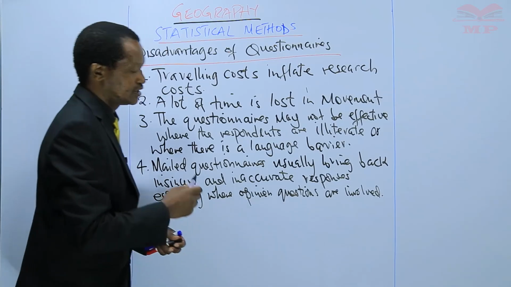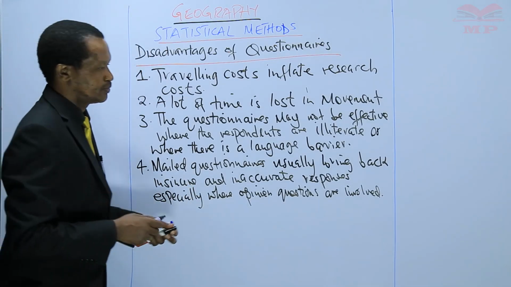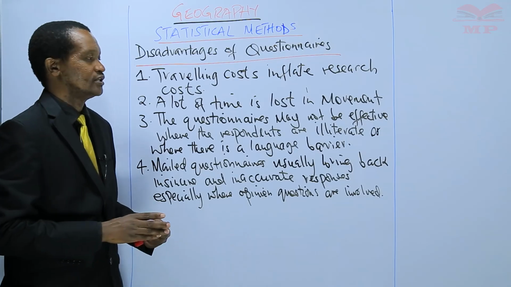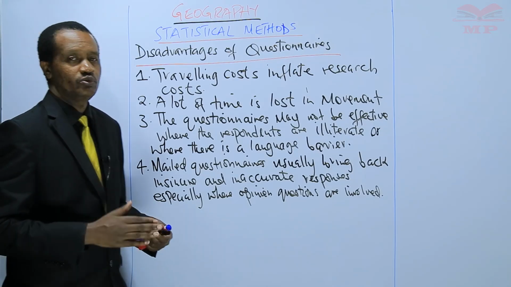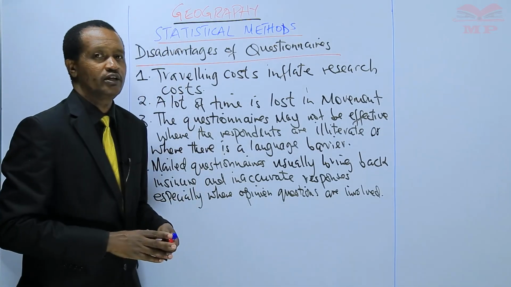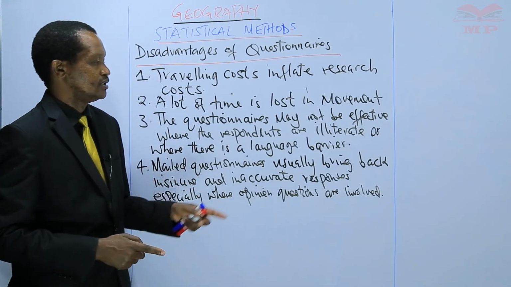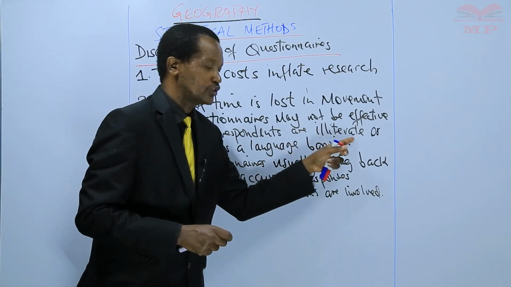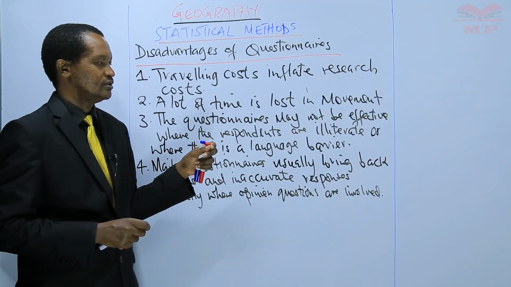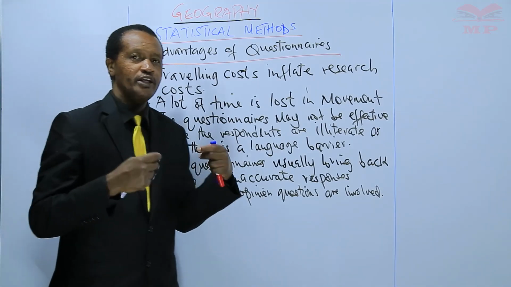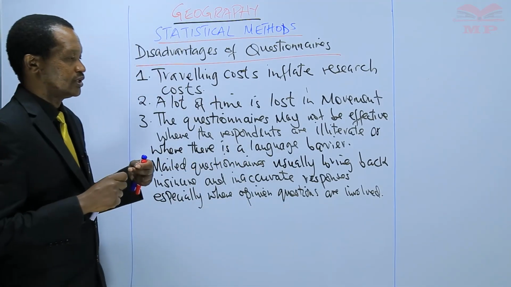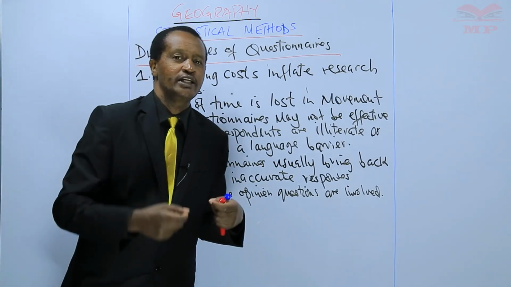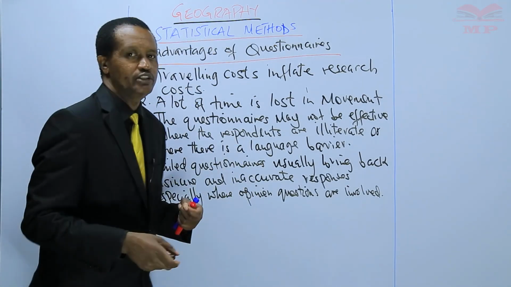Am I communicating, learners? I'm communicating in English language. The good thing, learners, is that even though you are not able to give me feedback, I know by this time you are not illiterate. There is no language barrier between me and you because you are able to understand and also communicate in English language.